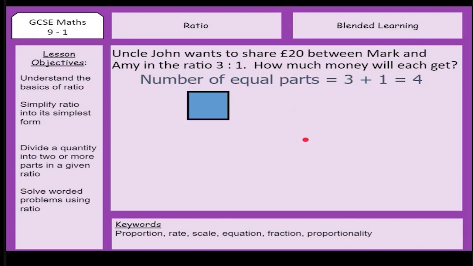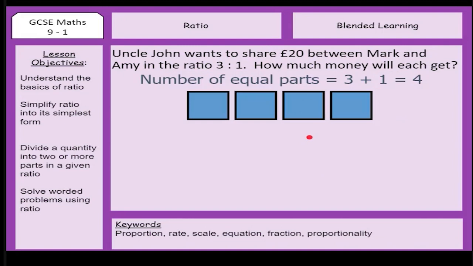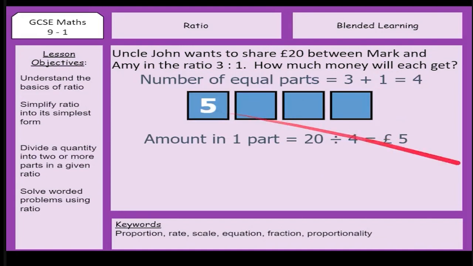So again, I will have my 4 parts and I'm going to divide 20 by 4, which gives me £5. Each part is worth £5. 5, 10, 15, 20.